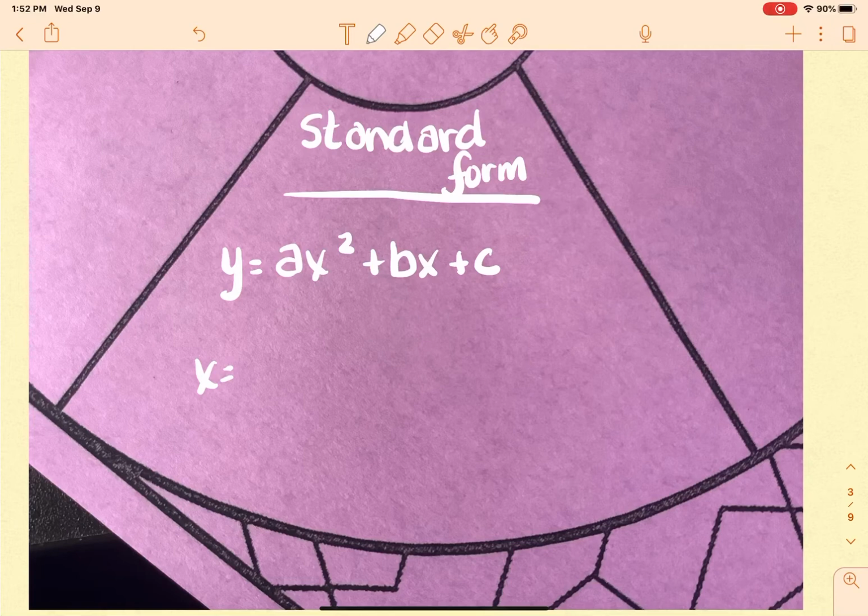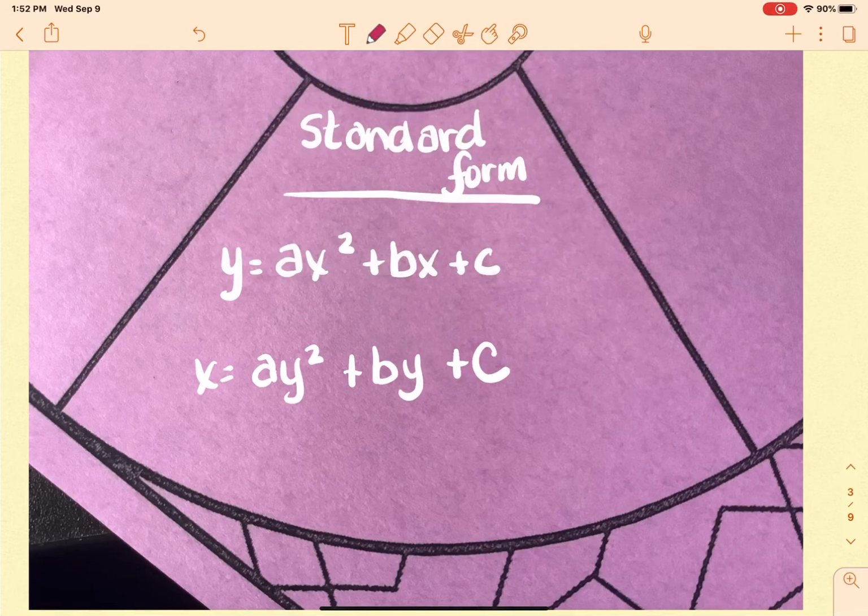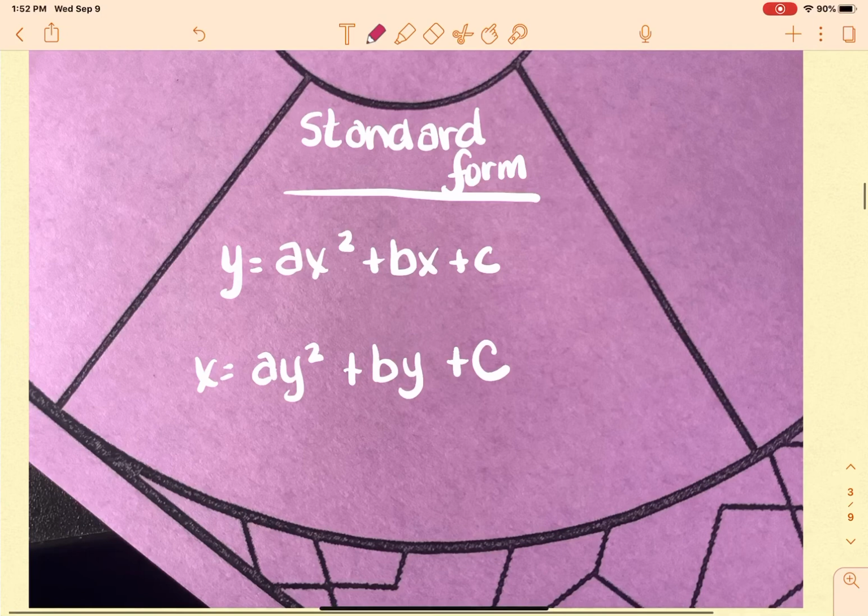The only difference between the y equals equation and the x equals is that the x and y's change spots. So it's going to be a y squared plus b y plus c. You notice that they all have the a's, b's, and c's. The only thing that changes are the x's and y's.